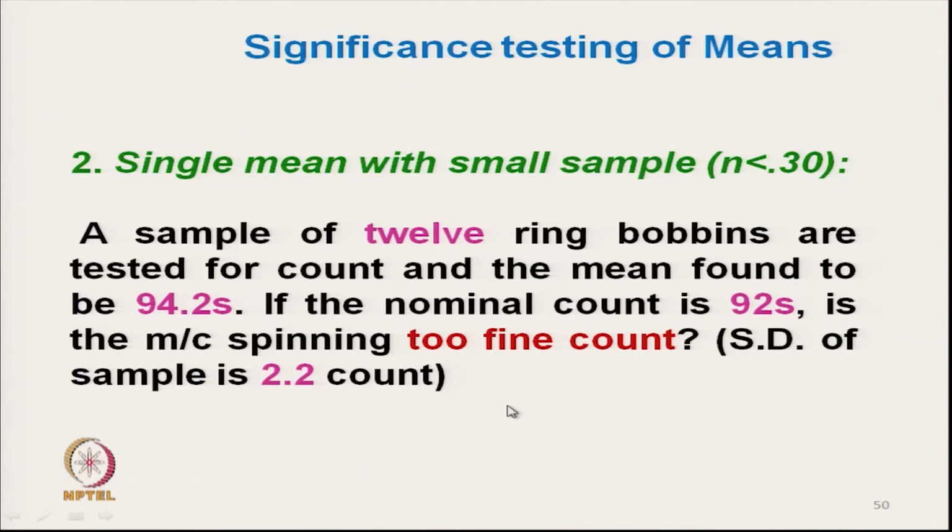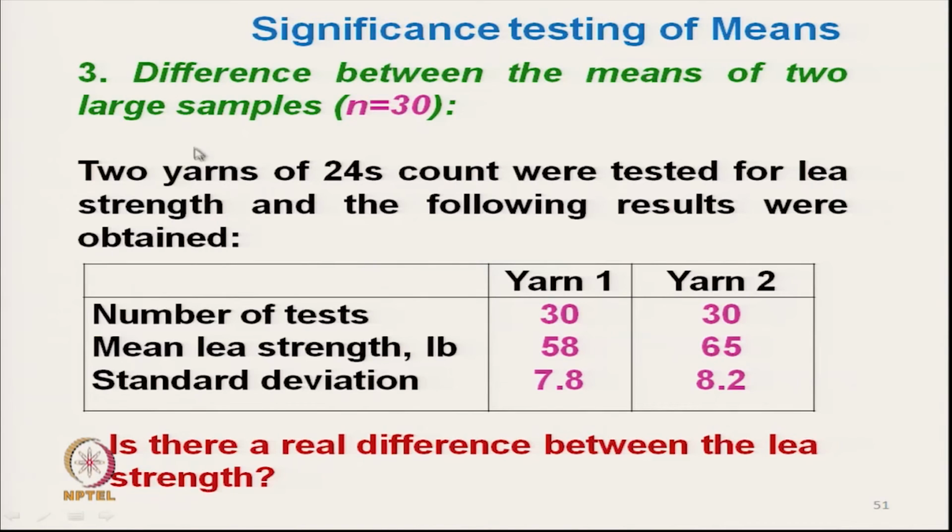Standard deviation of sample is given, and this also we have discussed. Then the difference between means of two large samples, two yarns, yarn 1 and yarn 2, details are given. Is the difference real in the lea strength? Similarly we have seen 60, 70. So, same problem, in the same way one can solve it.